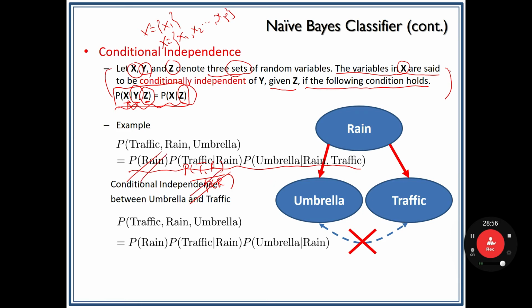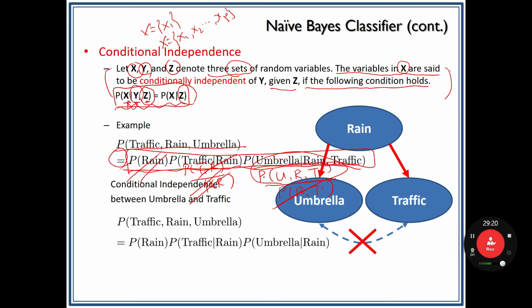We can cancel these two, and then this conditional probability becomes probability of umbrella, rain, and traffic over probability of rain and traffic, right? So these two can be cancelled, then this one remains. So we can see that this equality holds.